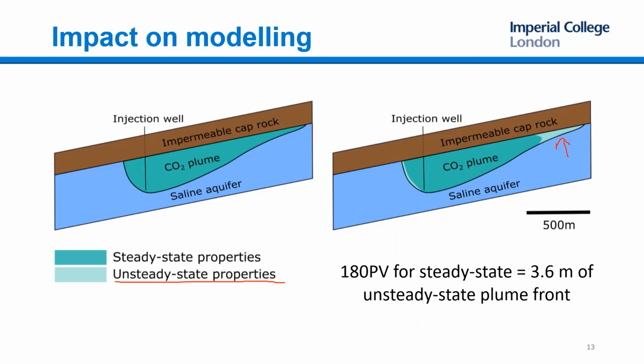Now the question is, how much of the plume do I need to model with these unsteady state properties? As an order of magnitude estimate, what we did is we calculated how many pore volumes it took to achieve steady state in our experiment. And for the gas brine experiment described at the beginning, it took 180 pore volumes for steady state to occur, which means the front 3.6 meters of the plume would be modeled with unsteady state properties.